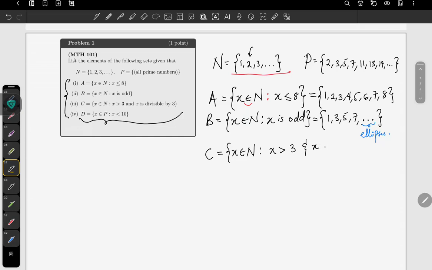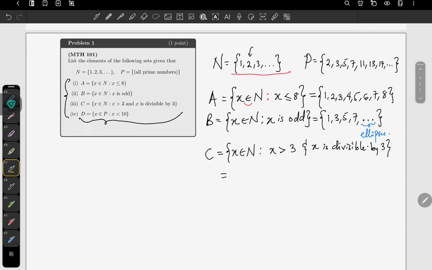In other words, we are looking at N again, and we are looking for numbers that are greater than 3, starting from 4, 5, 6, and so on. But there is another condition: they must also be divisible by 3. They are multiples of 3. That's another way to describe them.